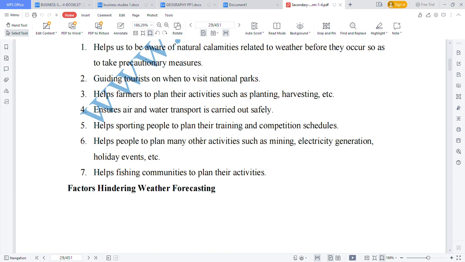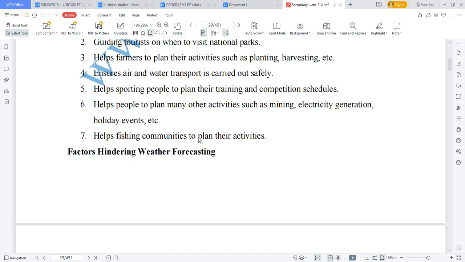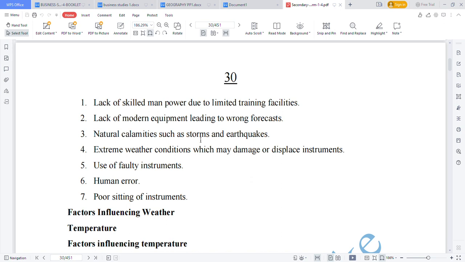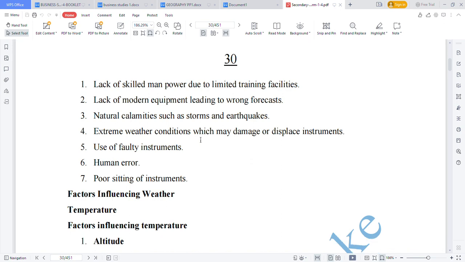What are some of the factors affecting weather forecasting? Number 1, lack of skilled manpower due to limited training facilities. That is a factor that affects weather forecasting. Number 2, lack of modern equipment leading to wrong forecasts.